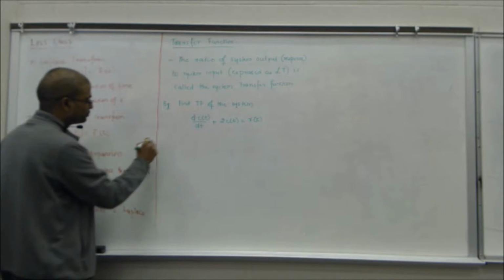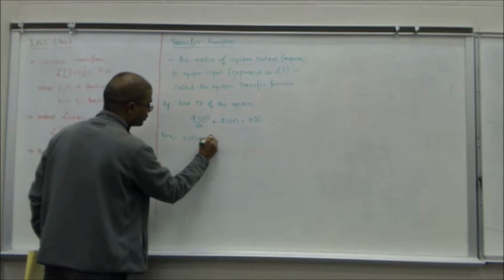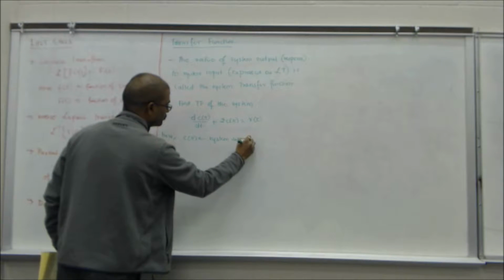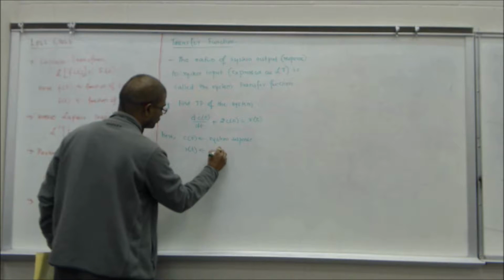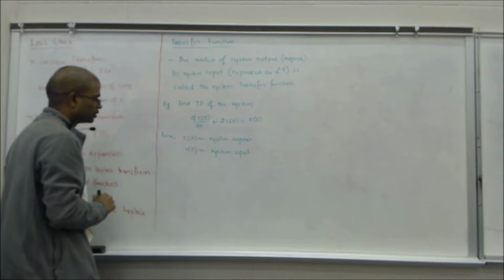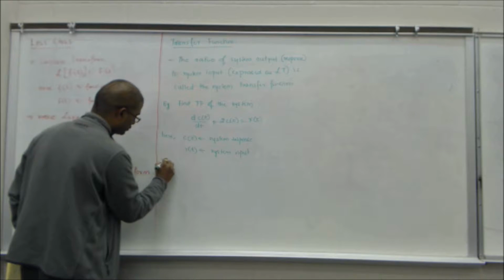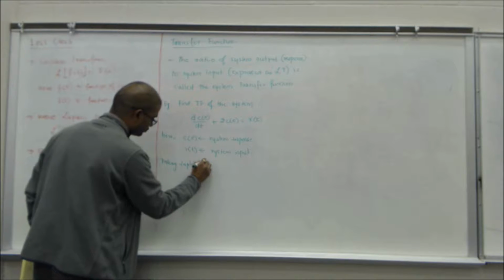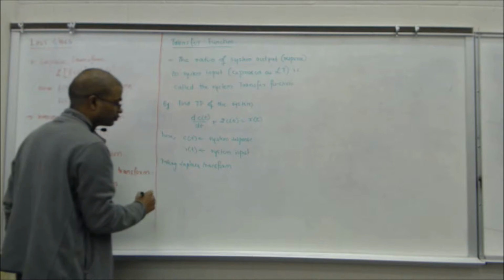So here c(t) is the system response. r(t) is the system input. Okay. Example?